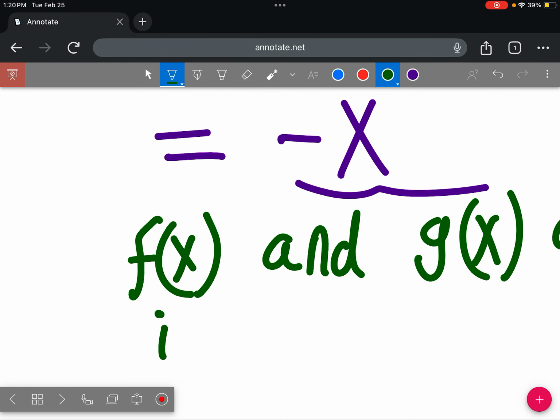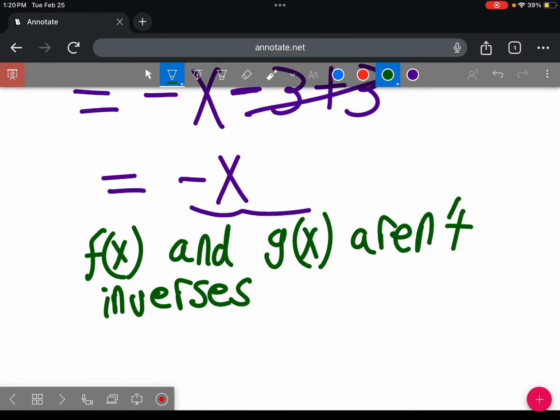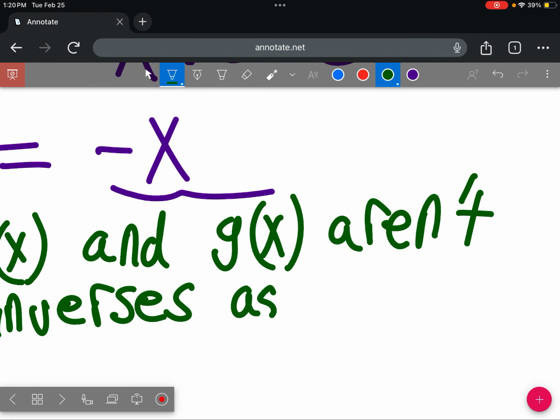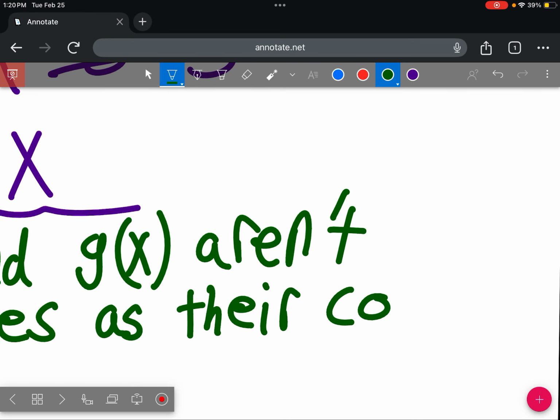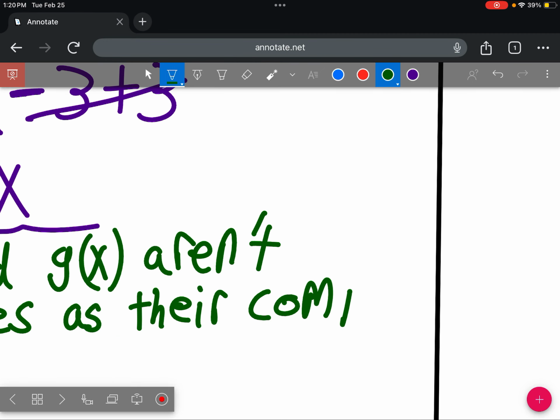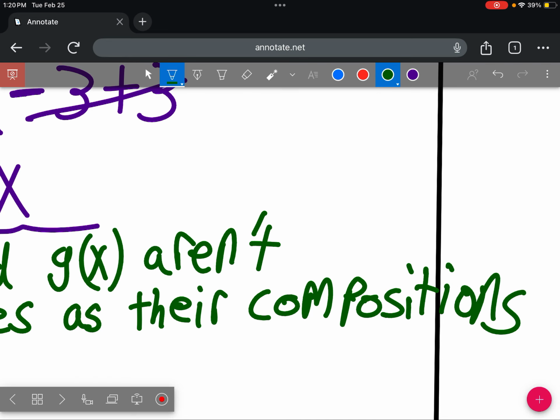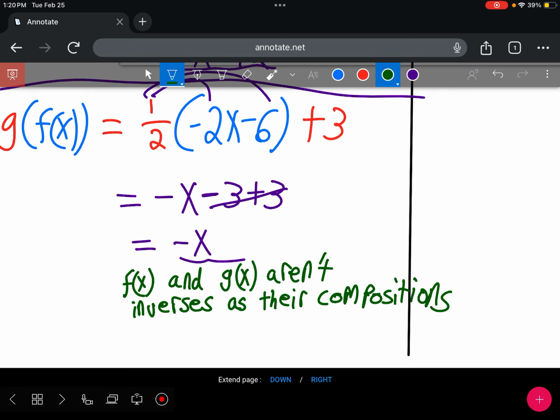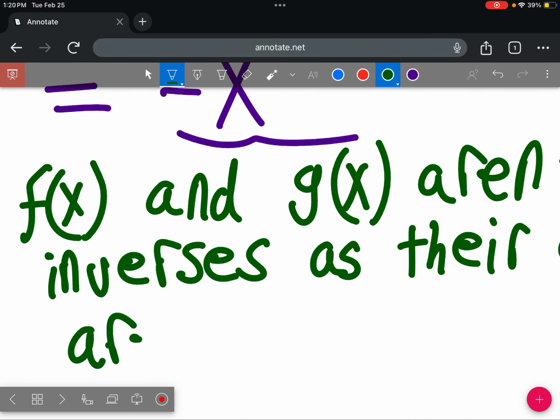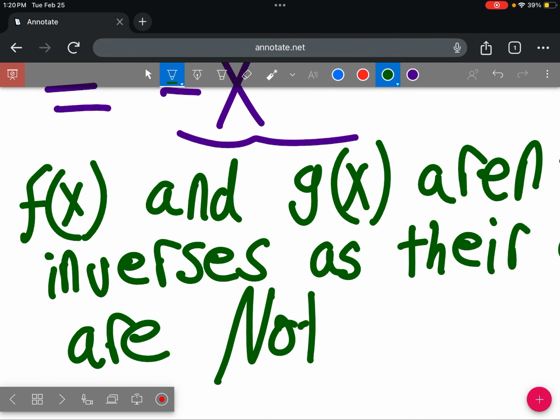Why aren't they inverses? Their compositions are not equal to x.